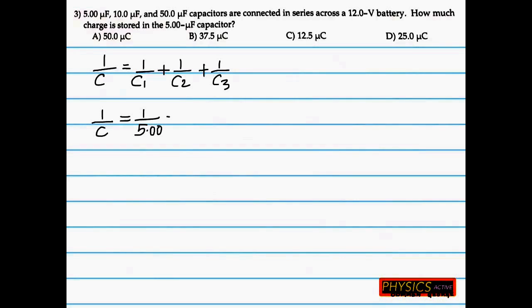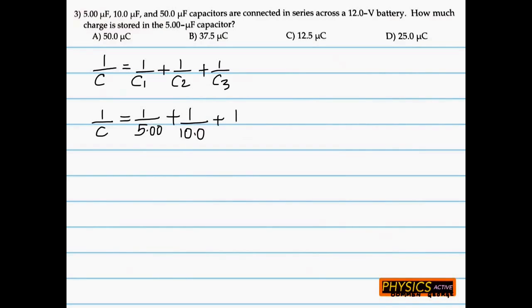In this question, there are 3 capacitors connected in series, and you know that the equivalent capacitance is given by this formula. That's what you get when you calculate.